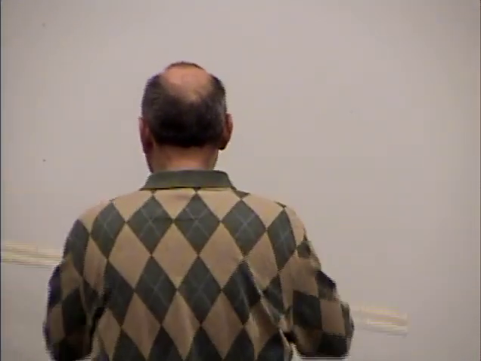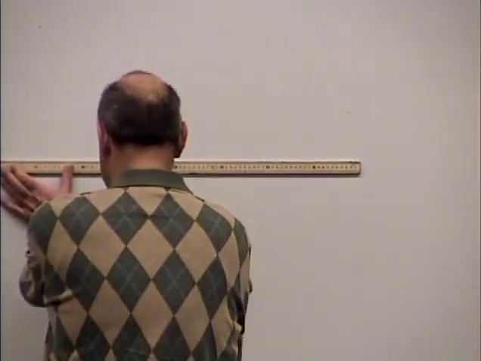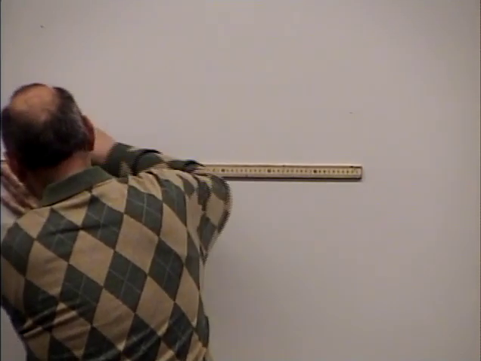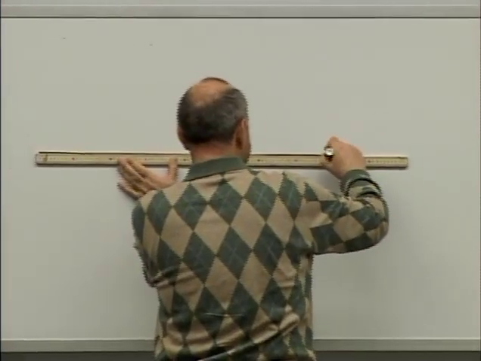Binoculars also have an objective and an eyepiece, and let's try making it such that the objective works the same way as in a telescope.